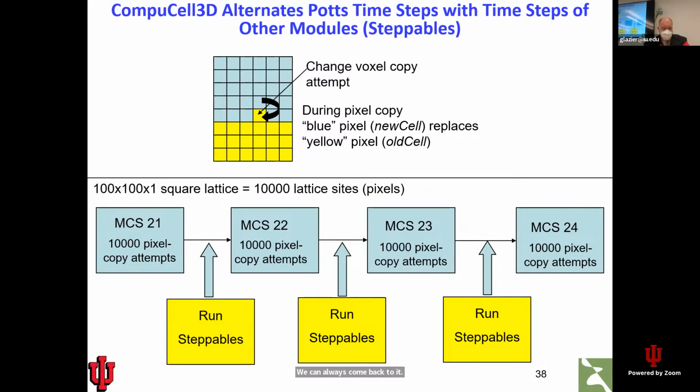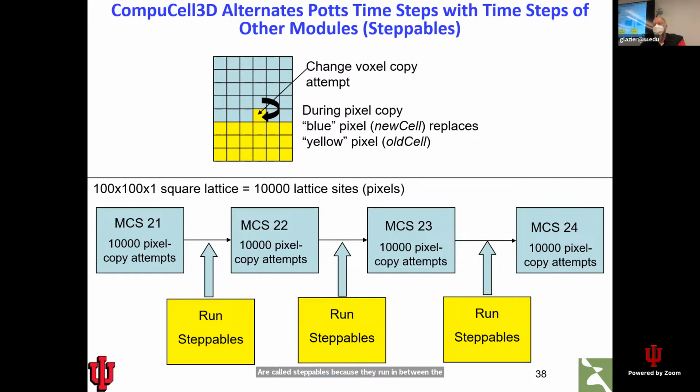Operationally in CompuCell, there is a very simple time slicing algorithm, which can be called operator decomposition or various fancy names. But essentially, it means we move the cells with everything that's not a cell frozen, and then we do the other things. And steppables, we've heard the word steppable already once or twice, are called steppables because they run in between the Monte Carlo steps.